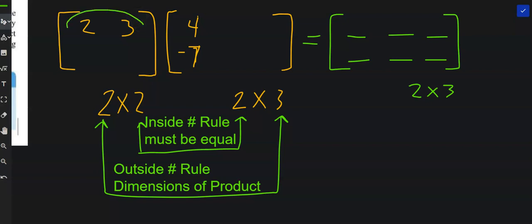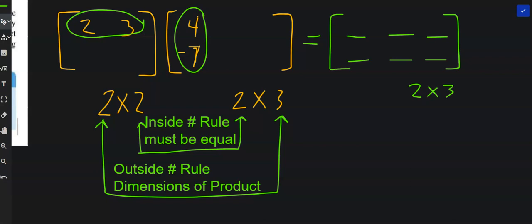If I'm going to multiply row 1 of the first matrix times column 1 of the second matrix, where do you think that answer is going to be in my final answer? I'm multiplying row 1 times column 1. Where in column 1?